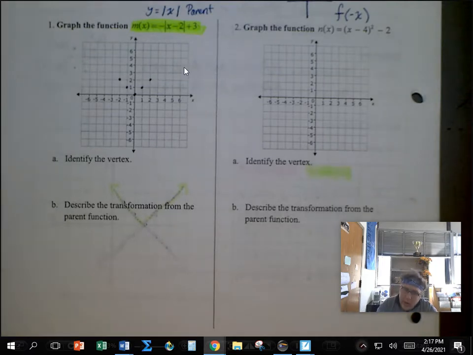Now, we know that that's not what this graph is going to look like. There's a lot happening. There's a reflection. There's some movement of 2 units. There's 3 units movement. So we've got to figure out what transformations are occurring on this absolute value function.